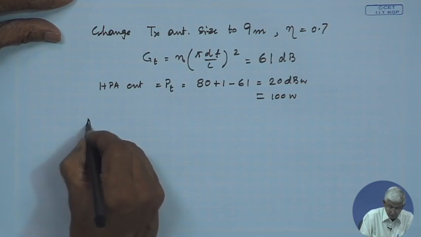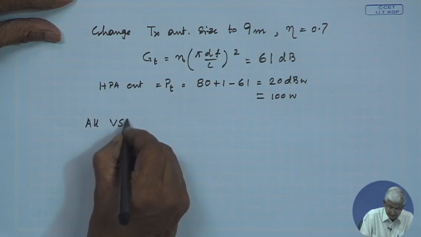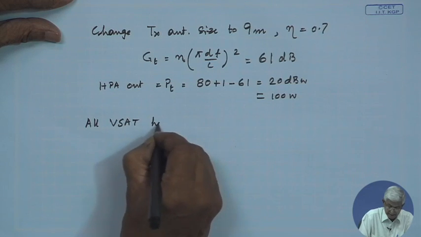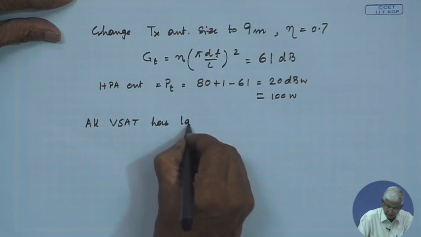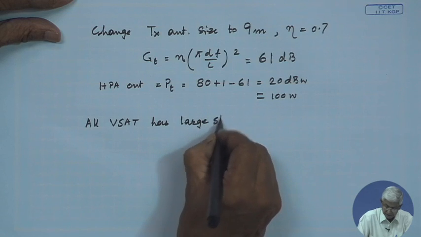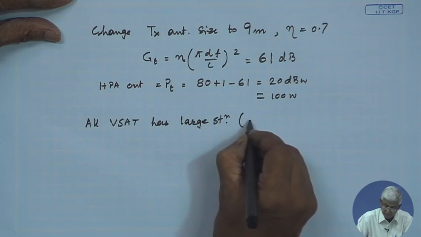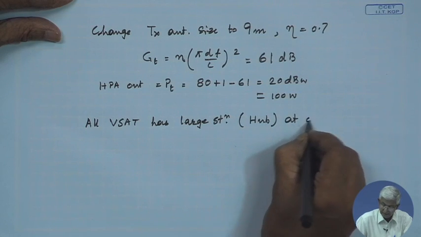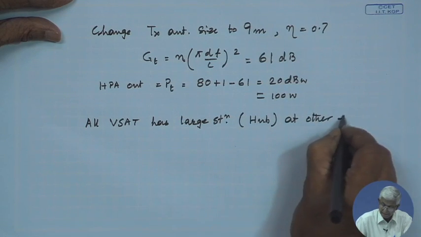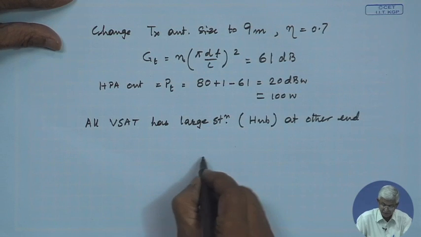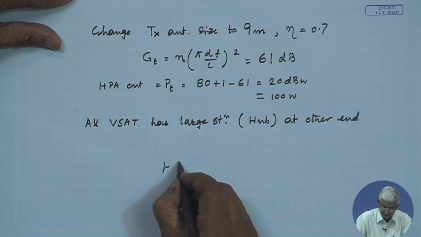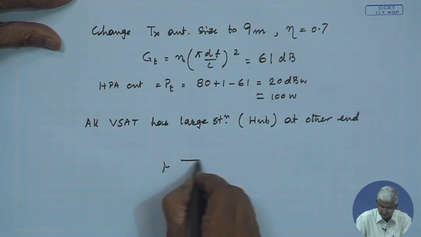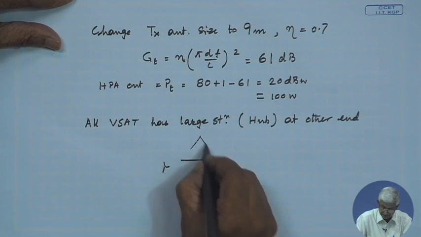So, all VSATs have a large station, we call it hub station, at the other end. Now, you will realize what is the word hub. There is a VSAT which is communicating with a large station via satellite.